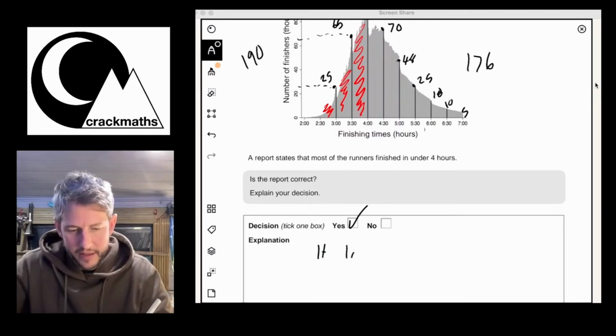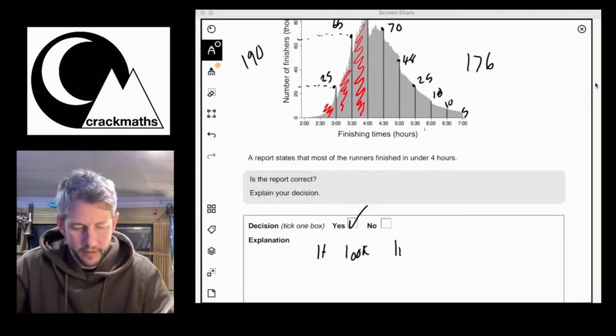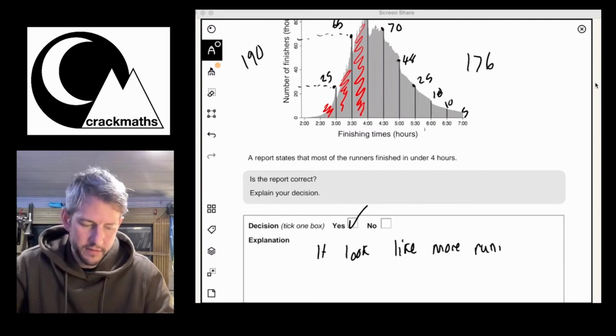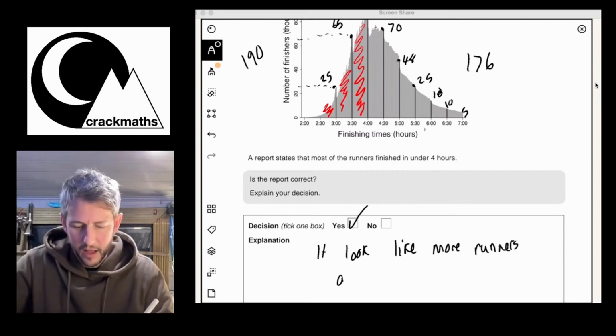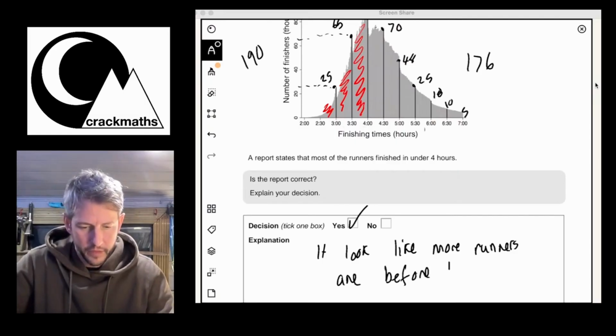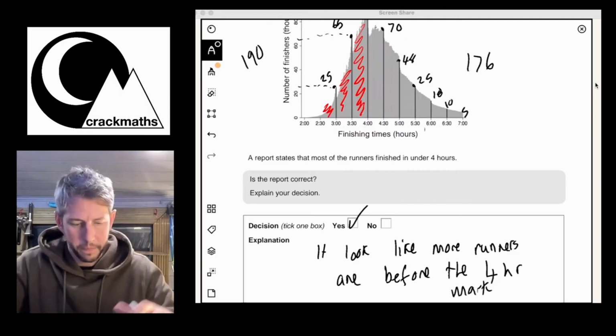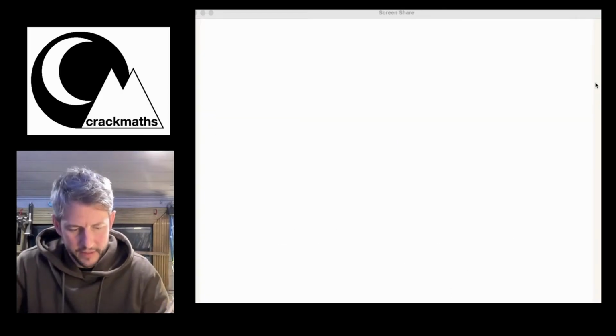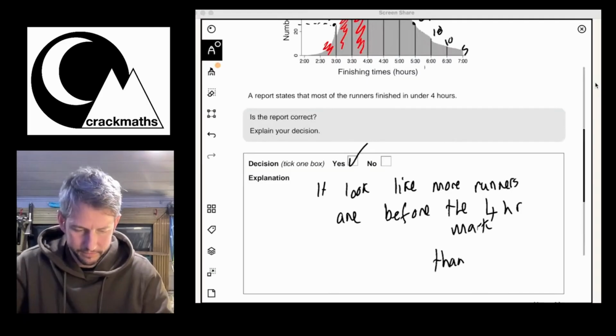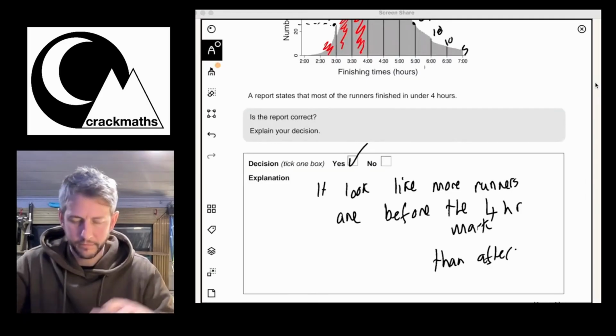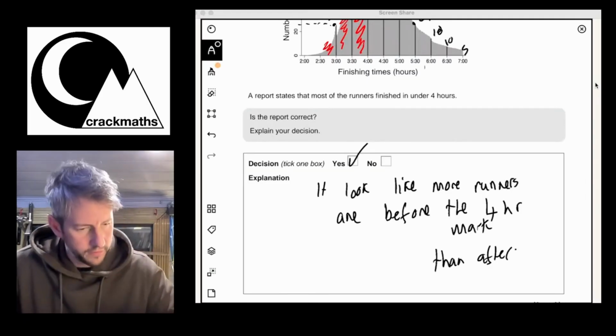It looks like more runners are before the 4-hour mark than after. Okay, right.